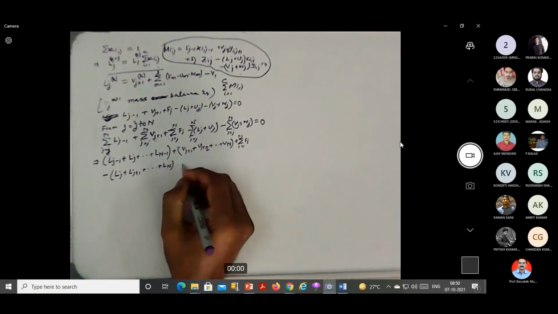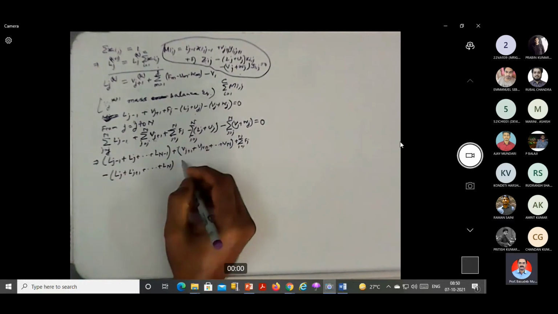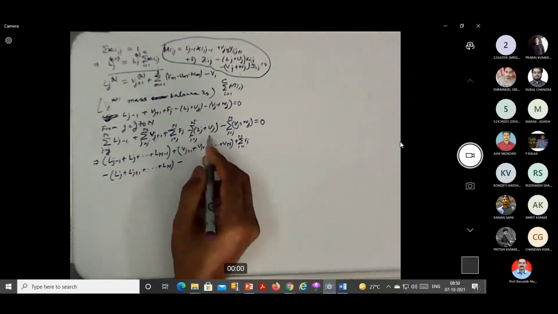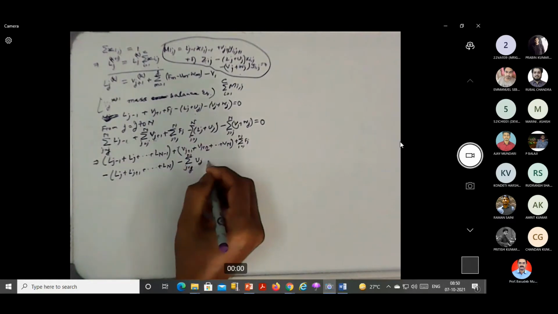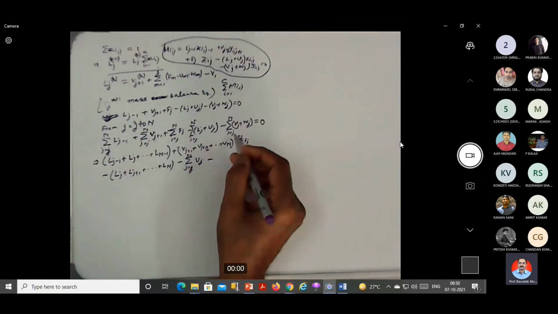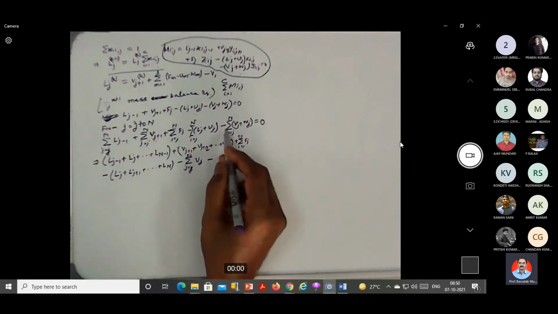Then we have the sigma Uj term. Let us keep it as it is, j equal to j to n, Uj. Then we have the sigma Vj term, minus. Separately we can write the sigma Vj term.